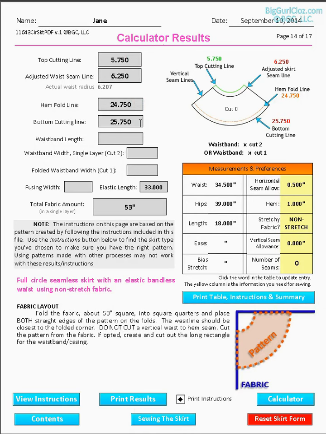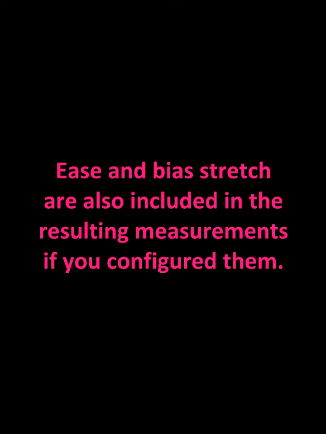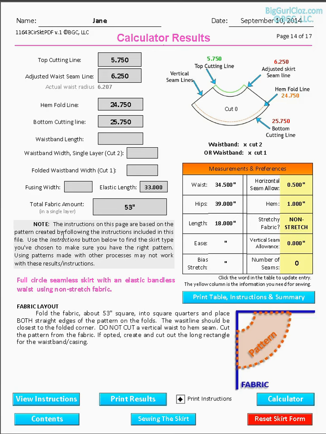These are the numbers you will be using to mark these lines on the paper in order to draft the pattern. Please remember that the resulting measurements you see on this page include the seam allowances and hems, so be sure to mark them or make note of that on your pattern.